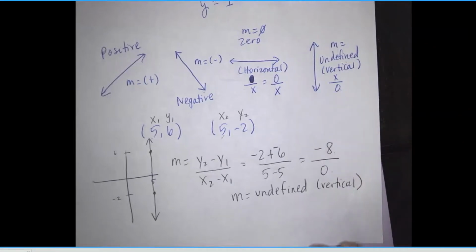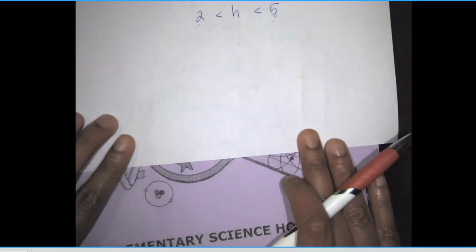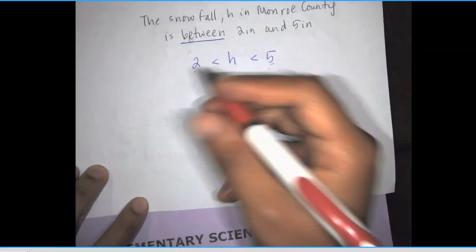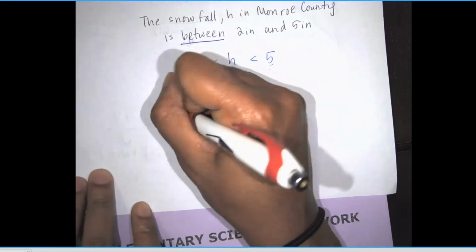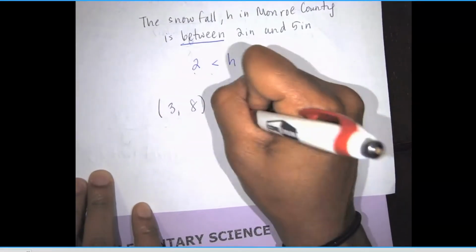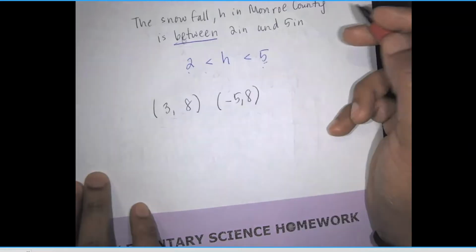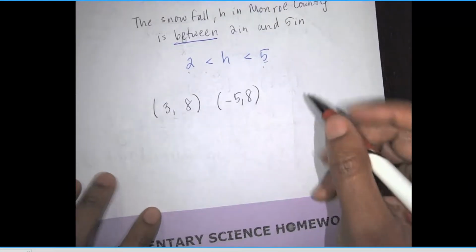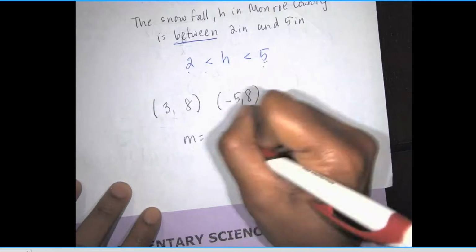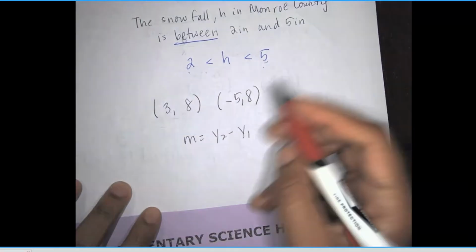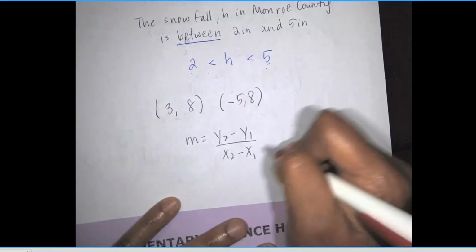For a horizontal one, imagine they give us the points 3 comma 8 and negative 5 comma 8. For these 2 points, our y values are the same. Again, m equals y2 minus y1 over x2 minus x1.